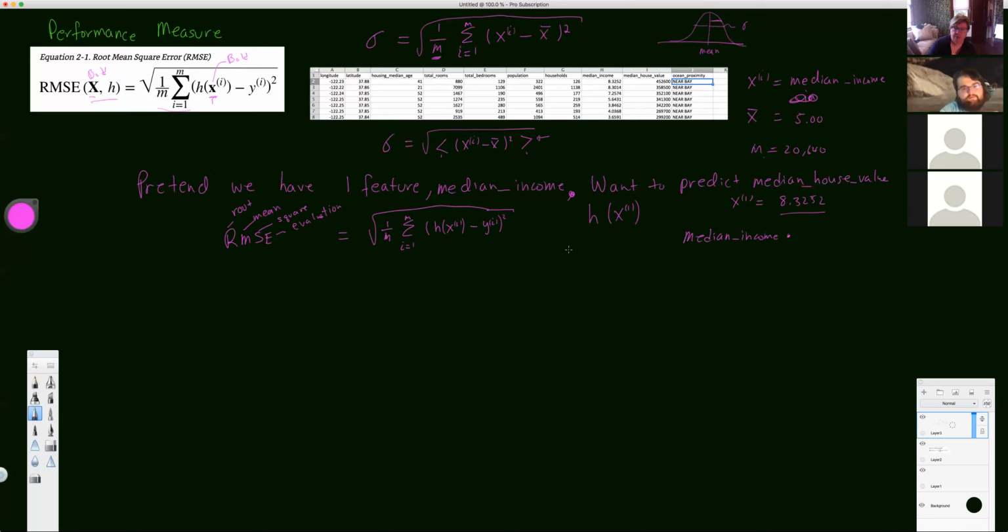Just use another variable, like a, is equal to median house value. So we have 83,252 times a is equal to 452,600. Yeah? Will that help you?